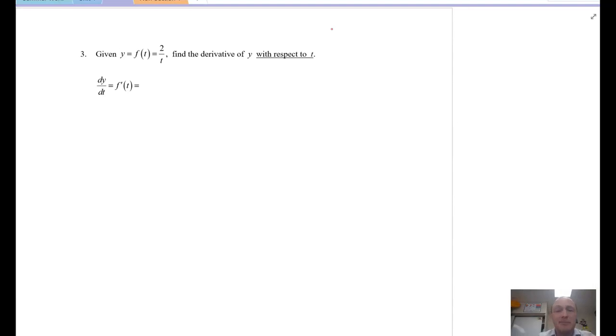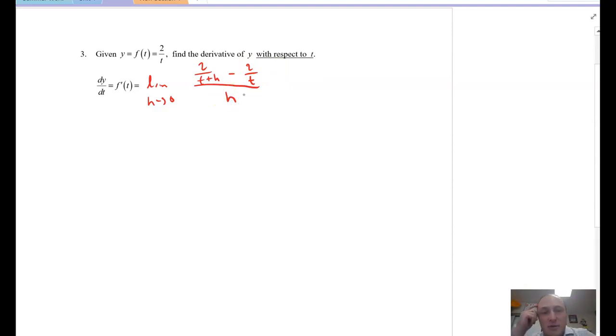So here dy/dt, which is the same thing as f prime of t, is equal to the limit as h goes to 0 of f of t plus h, so 2 over t plus h, minus f of t, which is 2 over t, all over h.